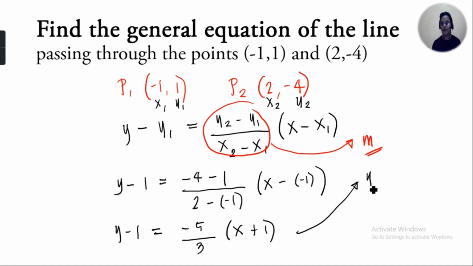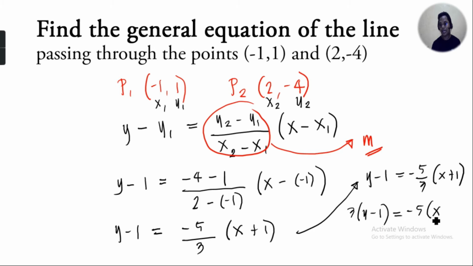Magiging y minus 1 is equal to negative 5 over 3 times x plus 1. Then, cross multiply. So, magiging 3 times y minus 1 is equal to negative 5 times x plus 1. Then, distribute po natin. 3y minus 3 is equal to negative 5x minus 5.